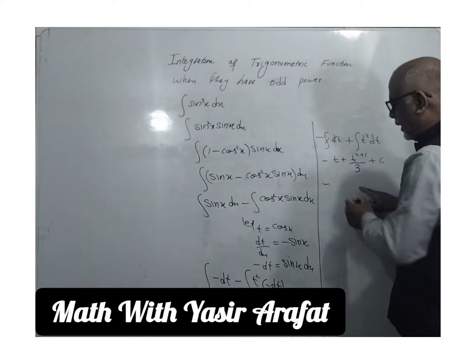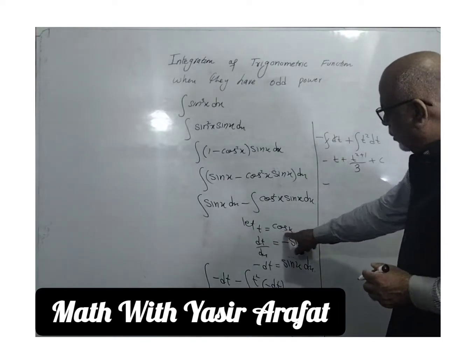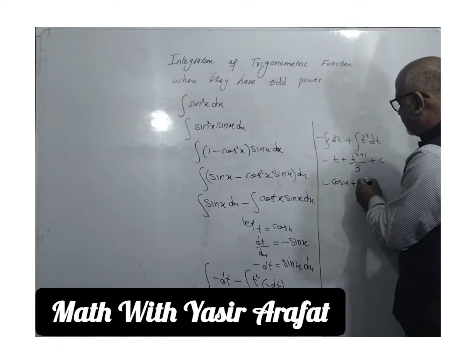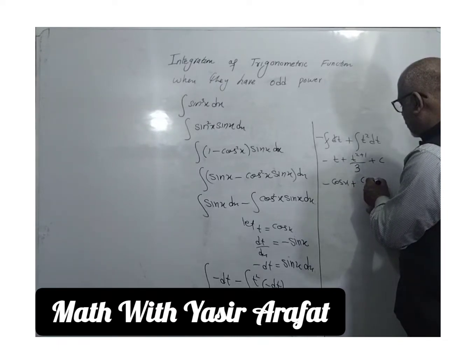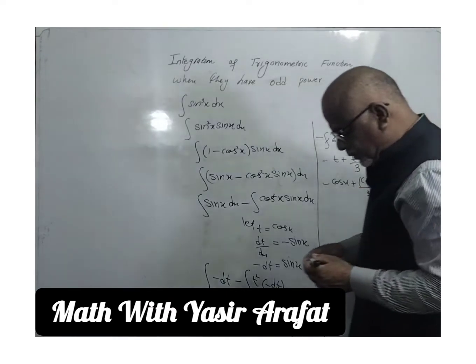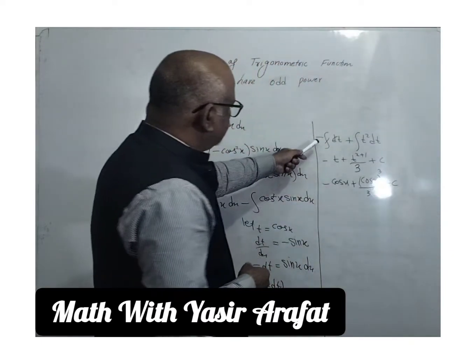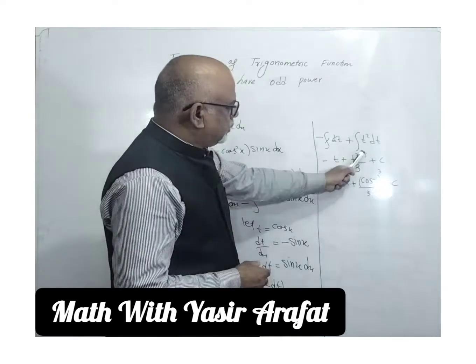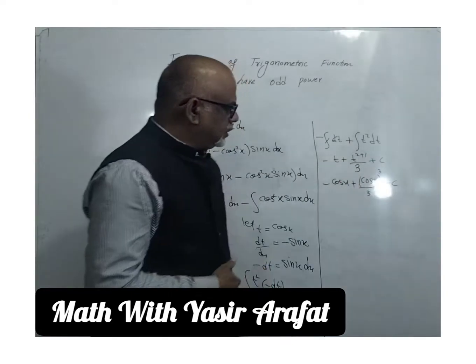Now we put the value of t, that is cos x. So this is cos cube x divided by 3. Here the integration of t square is t to the power 2 plus 1, divided by 3, plus c.